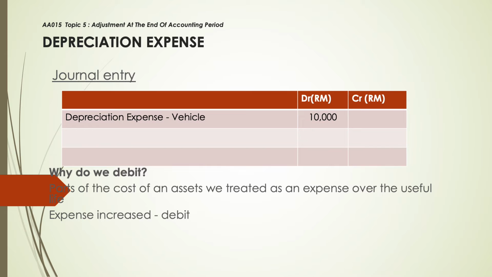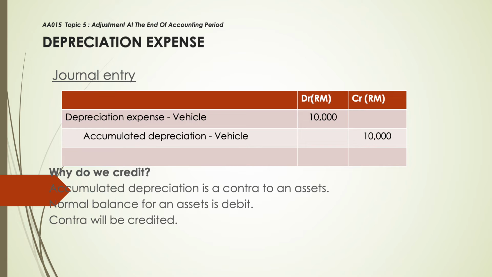Journal entry will be debit depreciation expense vehicle RM10,000. Why do we debit? It is because part of the cost of an asset we treated as an expense over the useful life. As expense increase, we debit. We credit accumulated depreciation vehicle.